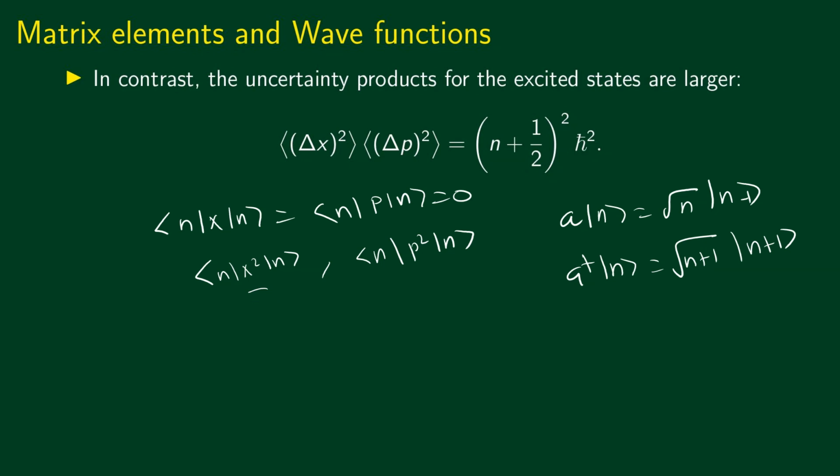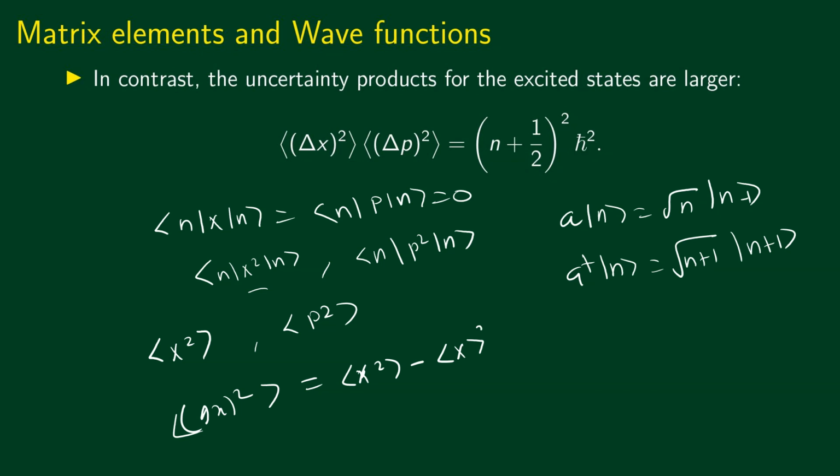Once you have the expressions for the expectation values of x square and p square, you can find the dispersions. The dispersion is given as the expectation value of delta x square, equal to the expectation value of x square minus the square of the expectation value of x, and this is 0.